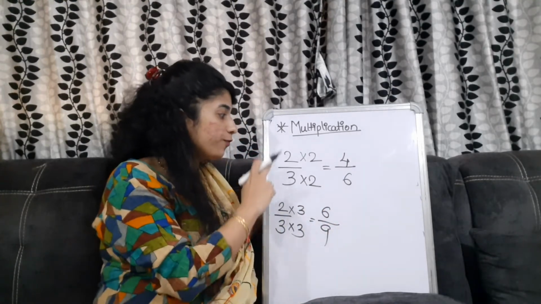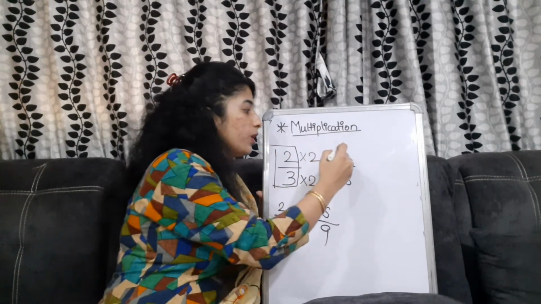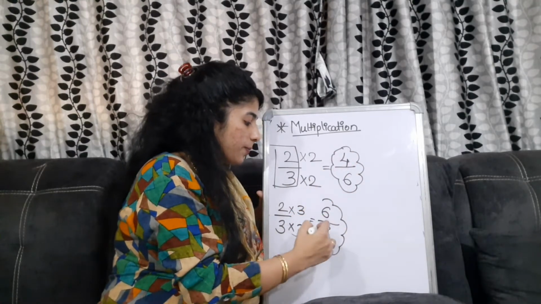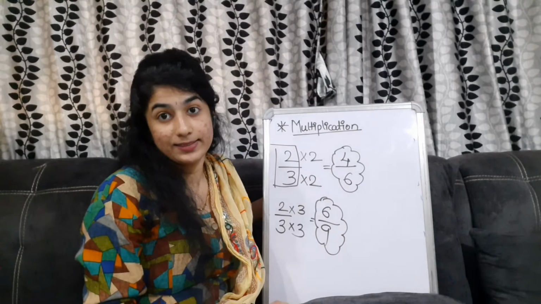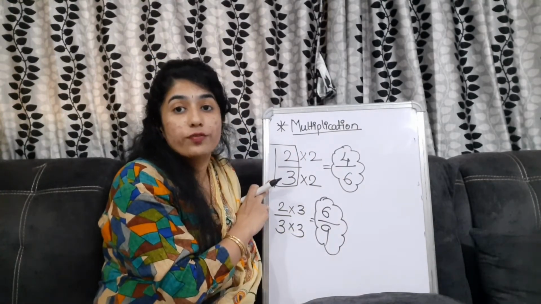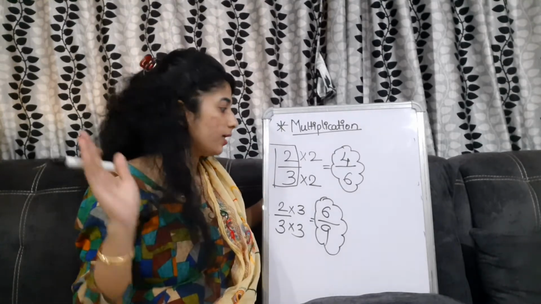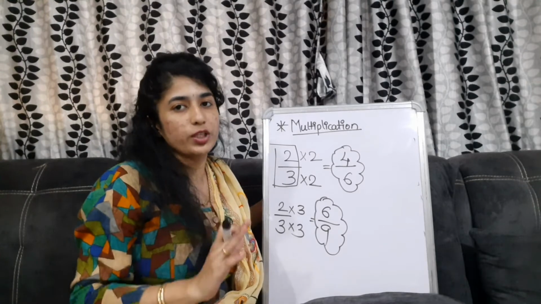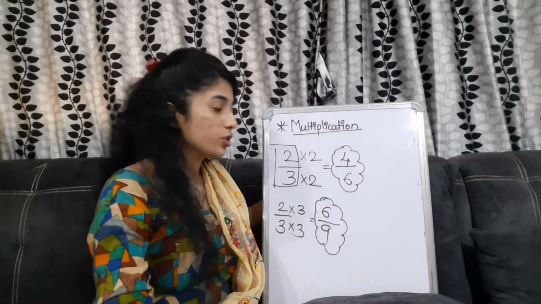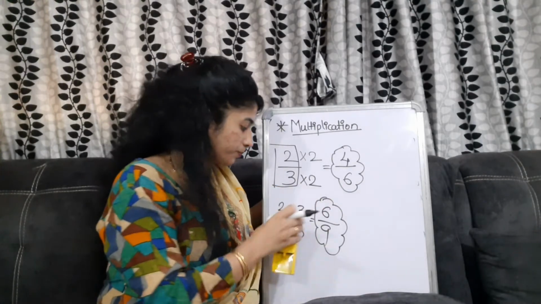So the equivalent fractions of 2/3 will be 4/6 and 6/9. Understood? So these two are the equivalent fractions of this one. Like that you can multiply with any number. It can be 2, 3. Just make sure you are multiplying both numerator and denominator by the same number. Understood? So this is how you find the equivalent fraction with regards to multiplication.